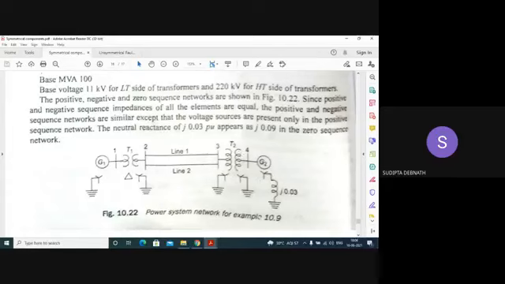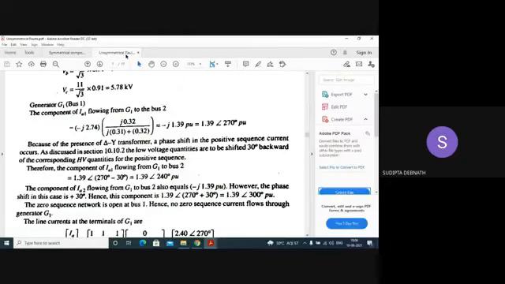Here you can directly write what is the current entering here. That current is supplied by G2. So first, let us consider what is the current supplied by this G1. The component of I1 flowing from G1 to bus 2. The component of I1 means positive sequence.